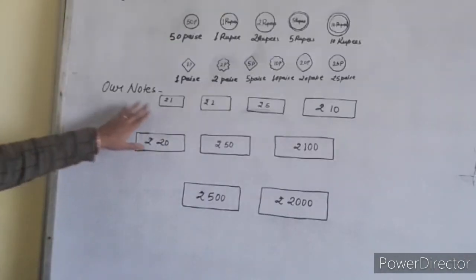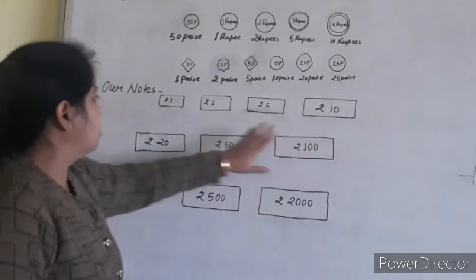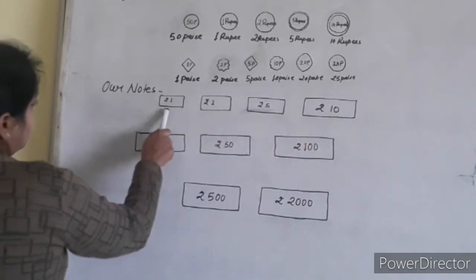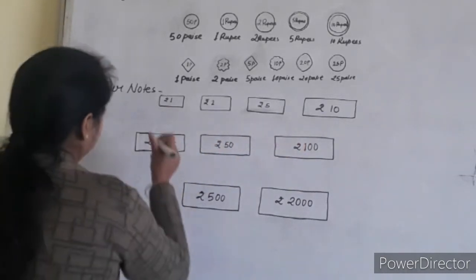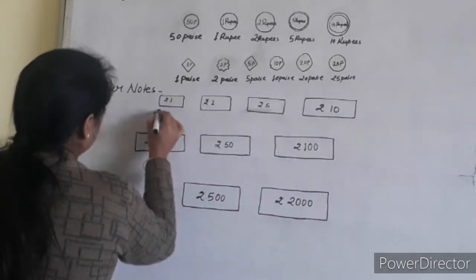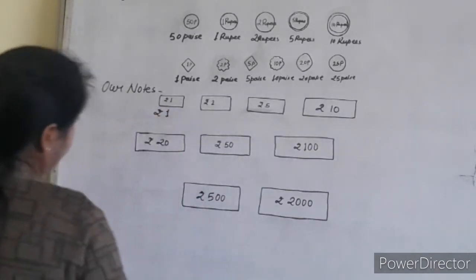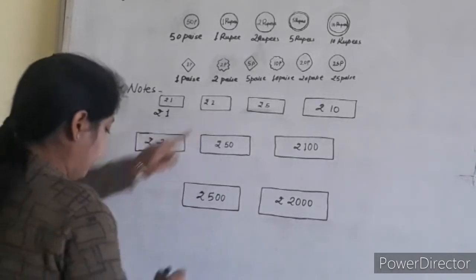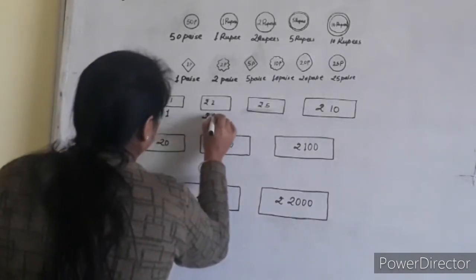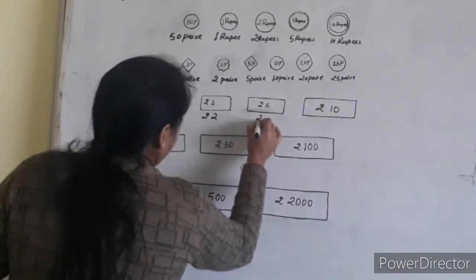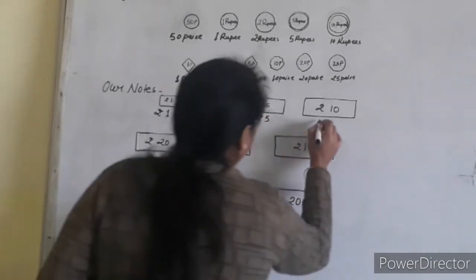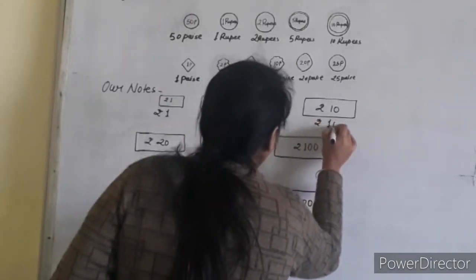Now our notes. These are our notes. The first one is a 1 rupee note, and this is a 2 rupee note. This is a 5 rupee note, 10 rupees.